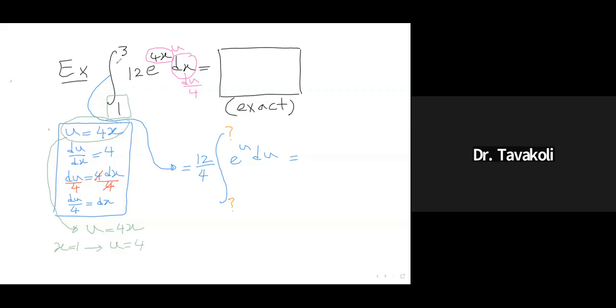And when x is 3, the upper limit of the integral, u is 4 times 3, 12. So the lower limit of the integral is 4, and the upper limit is 12.